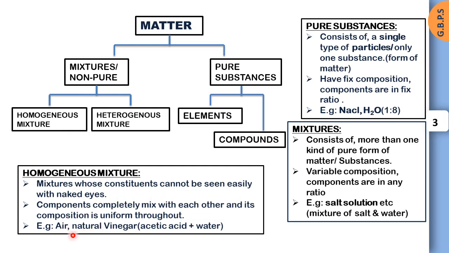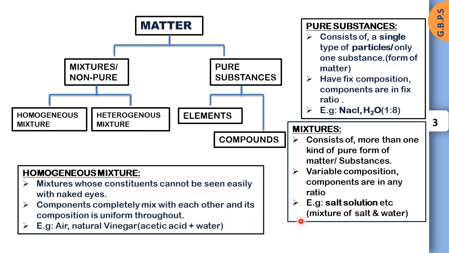For example, air, a mixture of hydrogen, oxygen, nitrogen and so many other gases. Also natural vinegar, a mixture of acetic acid and water. Also, we can define a homogeneous mixture as components completely mixed with each other along with composition uniform throughout.